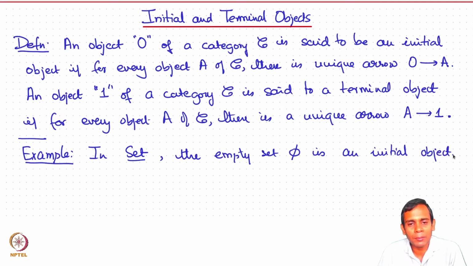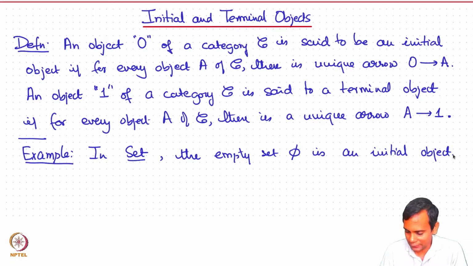What is the function from the empty set to any set? It's the empty function. Its domain is empty, so you don't really need to define its values at all. And that's the empty function. And what is the terminal object? Well, in this case, it turns out that there are many terminal objects.